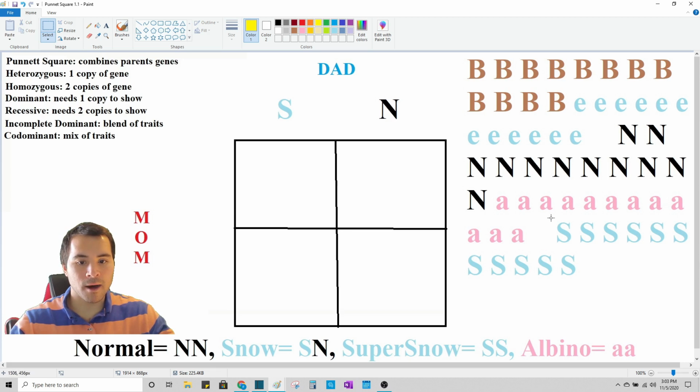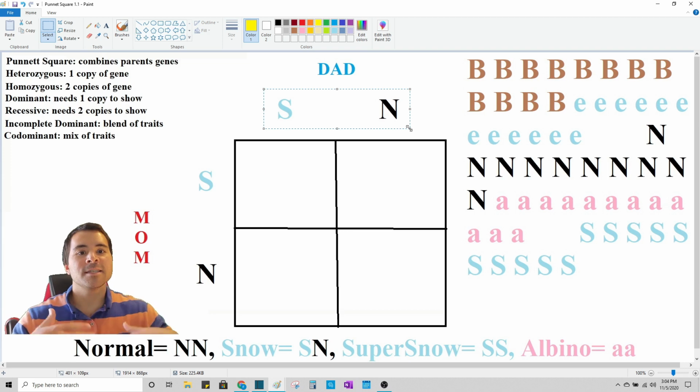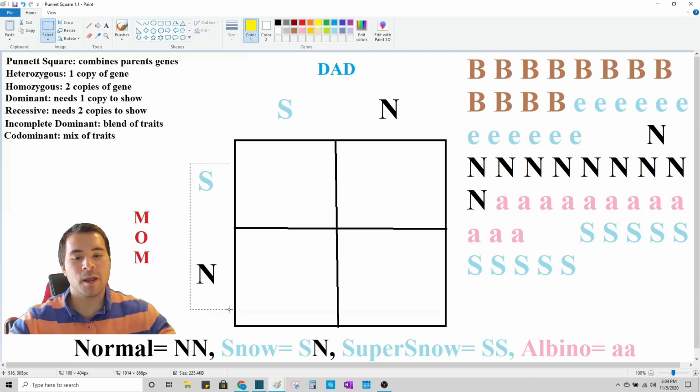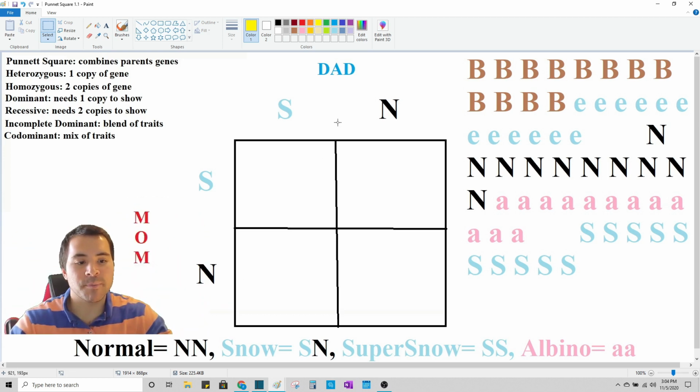Now let's say the mom is also a snow leopard gecko. So here we have a regular snow and a regular snow. These 2 traits are fused together in the parent to make it look different. Let's drop everything down into its respective categories and see what we get.